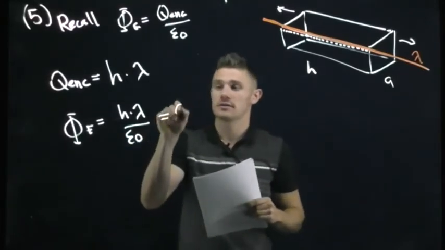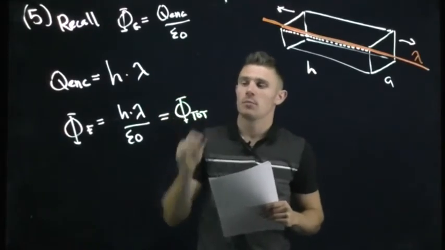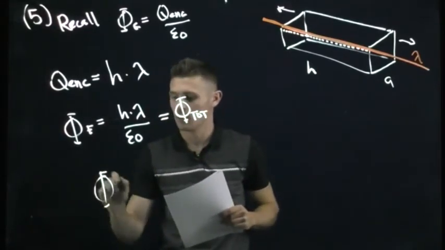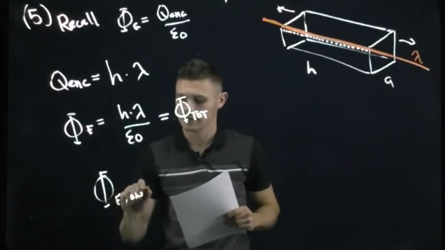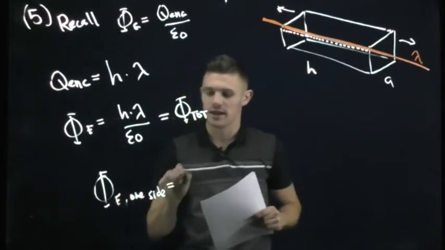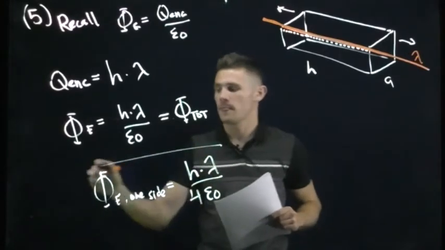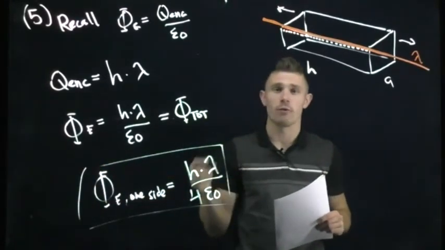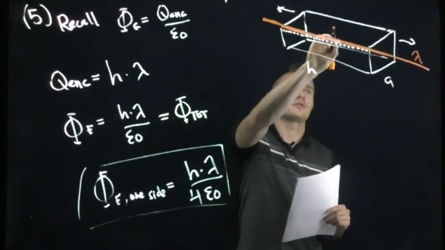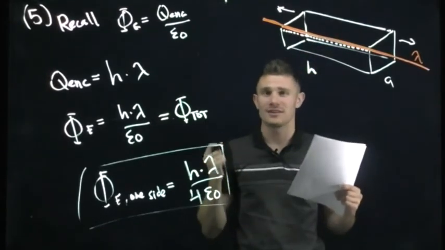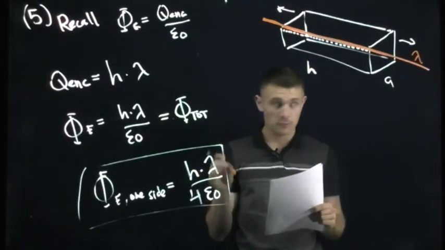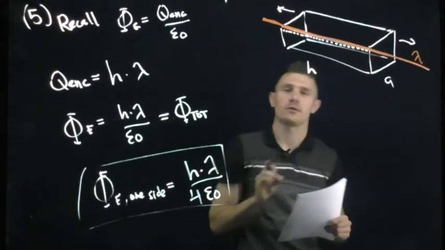So this here is our total flux, but the flux through one side is going to be h times lambda over 4 epsilon naught. And we divide it by 4 because there are 4 sides and the electric field will be moving through each side with equal magnitude because that line of charge is centered inside that rectangle.